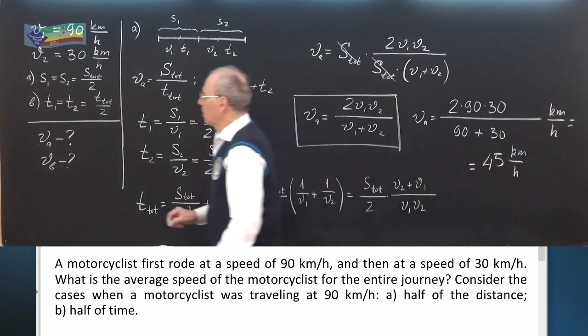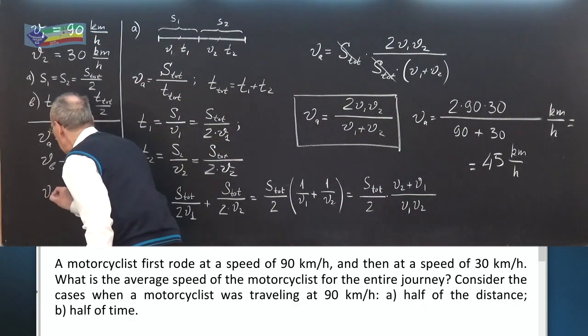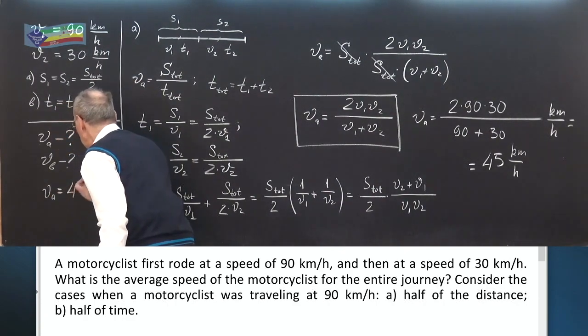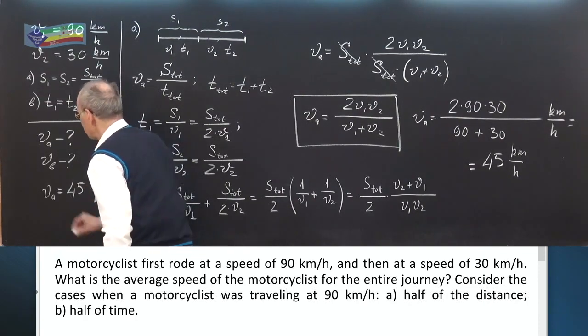So for case A, we obtain VA is equal to 45 kilometers per hour. The first answer.